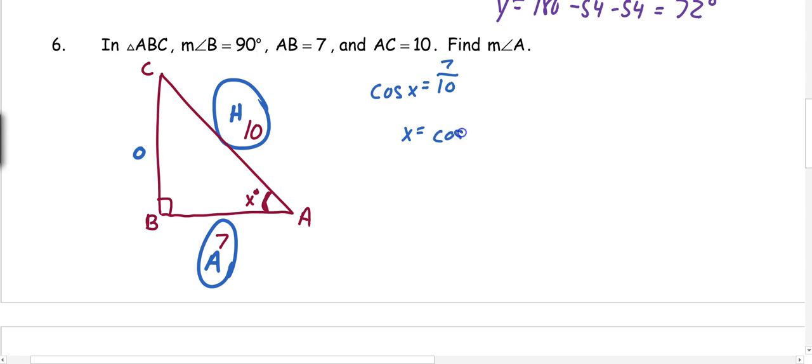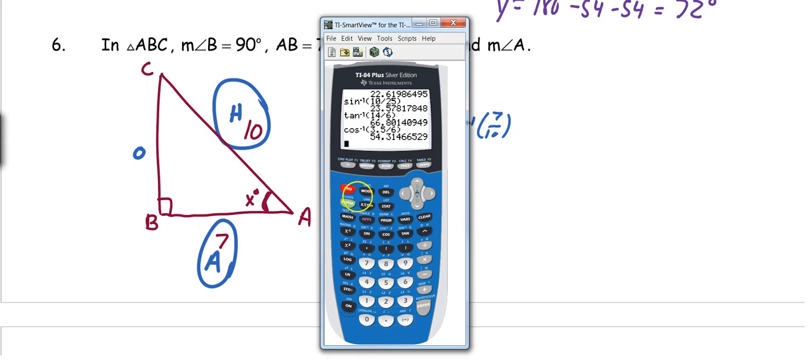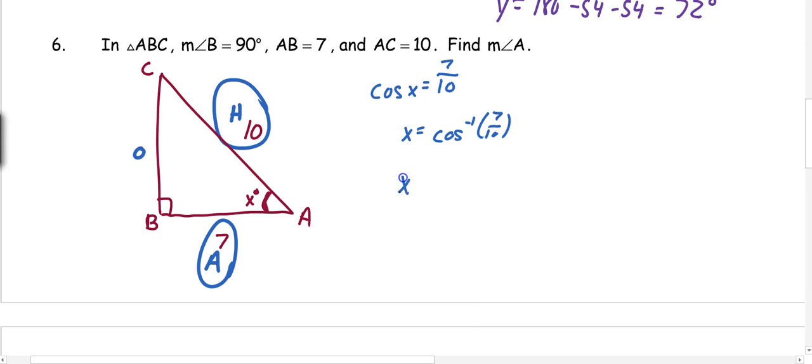So when I solve, I need to use the cosine inverse of 7 over 10. Second cosine, 7 divided by 10 in my calculator. Round to the nearest whole number, so we know that x is 46 degrees, which means that the measure of angle A is 46 degrees.